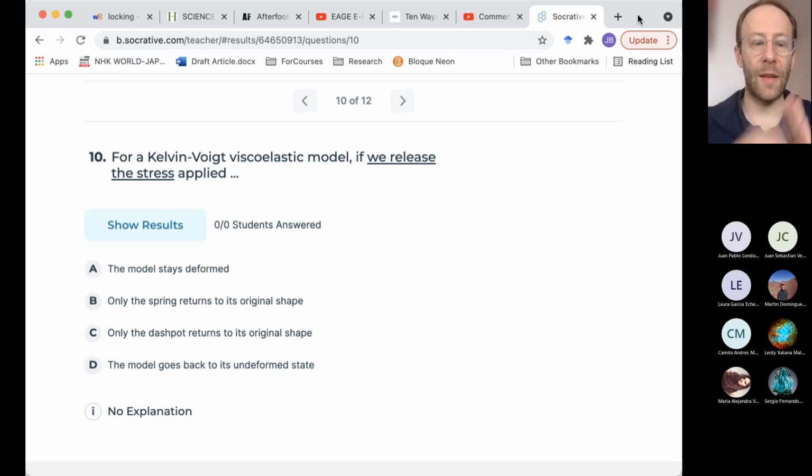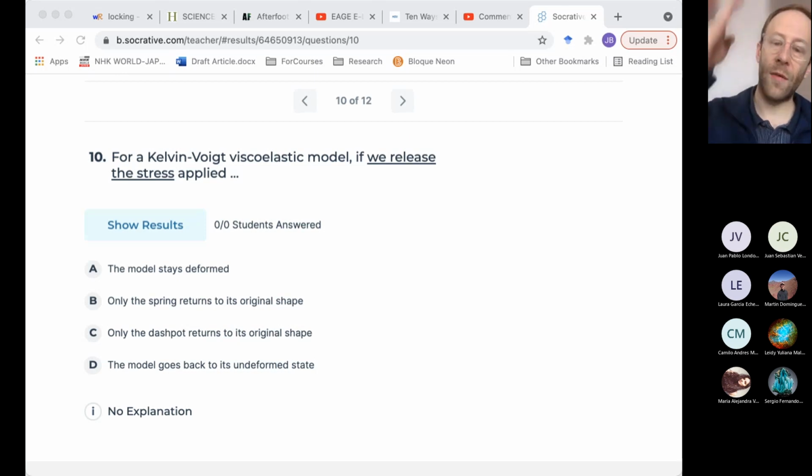But since they are tied up, it's going to force the dashpot to go back to its original shape as well. So obviously, since you release the stress little by little due to the deformation of the dashpot, you're going to have some kind of an exponential decrease of the deformation as well.